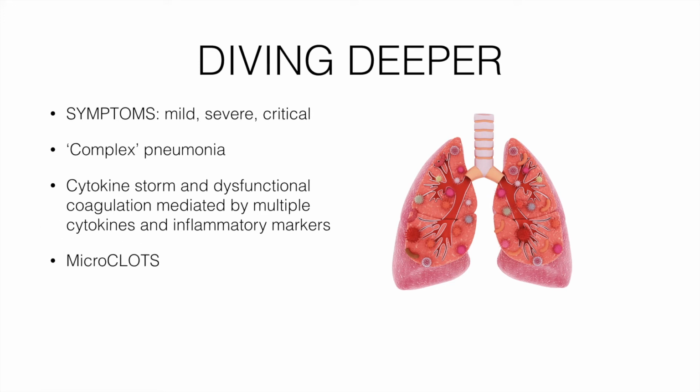An Italian physician coined the term microclots. MicroCLOTS stands for microvascular COVID-19 lung vessels obstructive thromboinflammatory syndrome. That basically means that within the vasculature of the lungs, there are a lot of thrombi, so mini clots. Again, similar to what I described earlier, but now we're just focusing on the lungs.